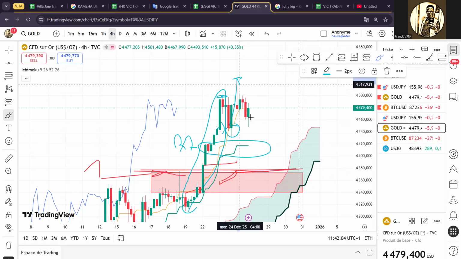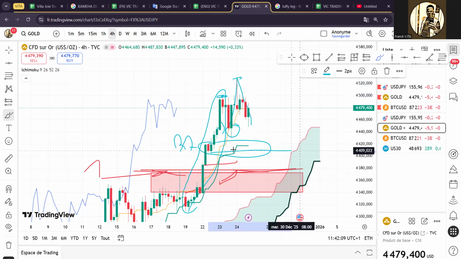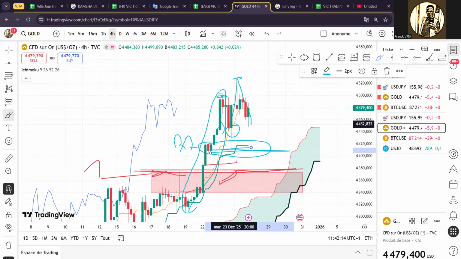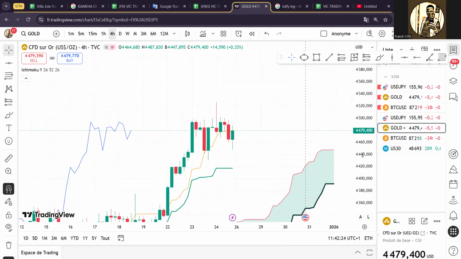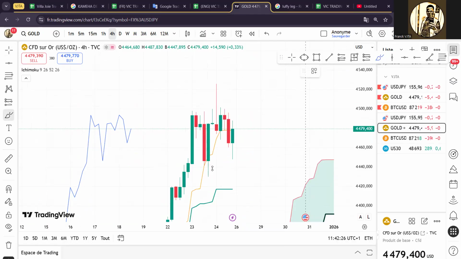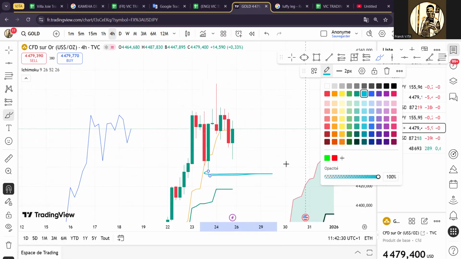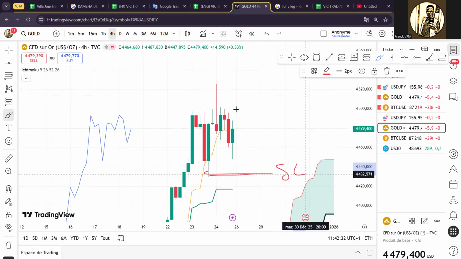Even if the market falls down, this one would be the maximum stop loss for gold now. But because we created this upward movement, the maximum stop loss logically is this stop loss on weekly. So how to enter?